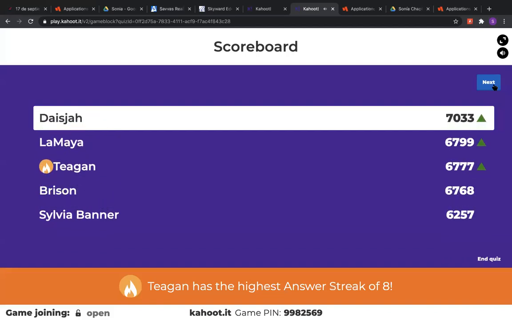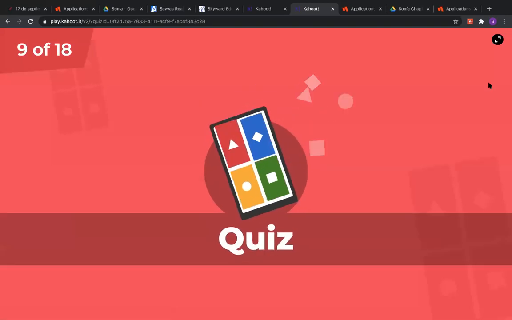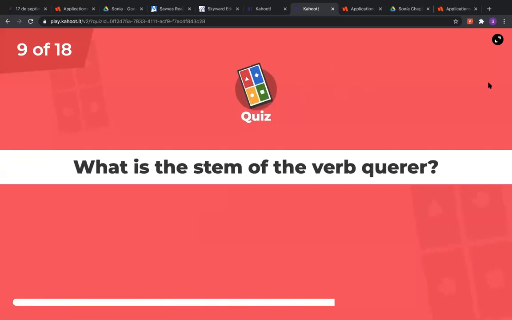Ooh, some movement there. Nice work, Deja. Halfway. What is the stem of querer?